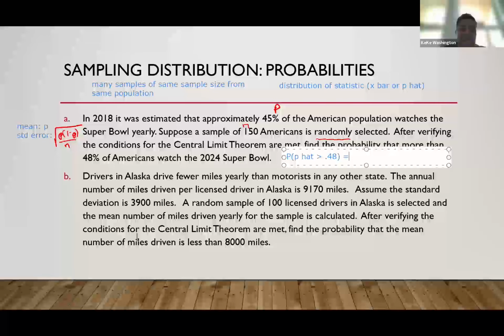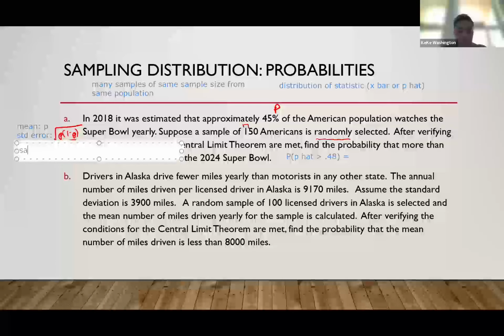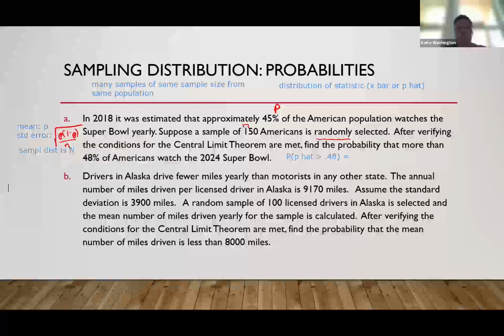And the last thing is your sampling distribution is normal. As long as those conditions are met, those are the three conclusions you can draw. So because my sampling distribution is normal, I can now calculate the probability using a normal CDF, or the normal function that we had in our StatCrunch.